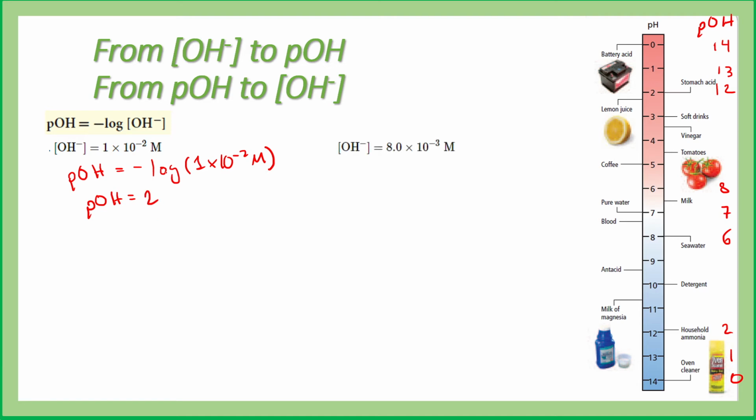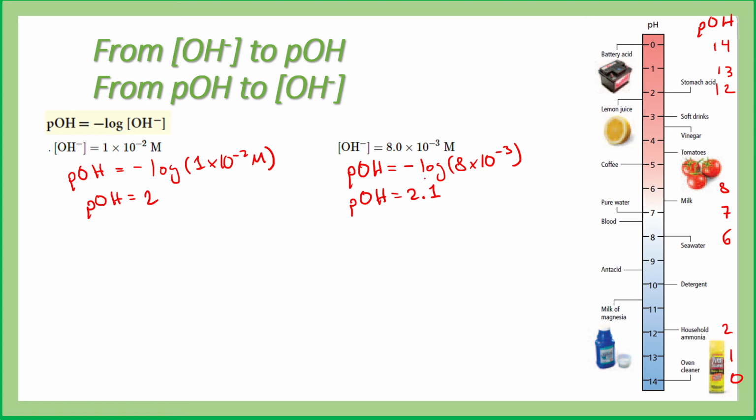Let's do another example. Hydroxide ion concentration of 8 times 10 to the minus 3. So pOH equals the negative logarithm of 8 times 10 to the minus 3, and it is a pOH of 2.1.